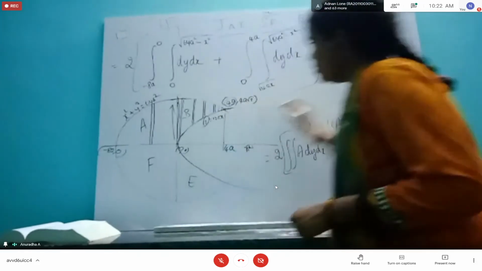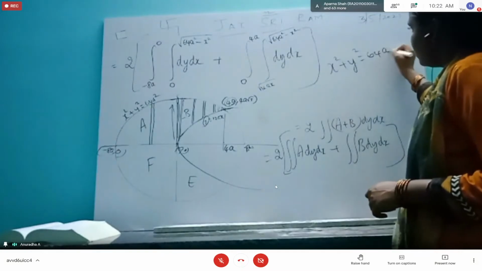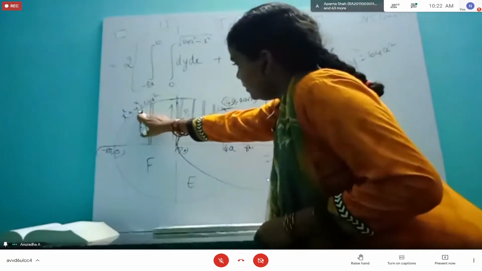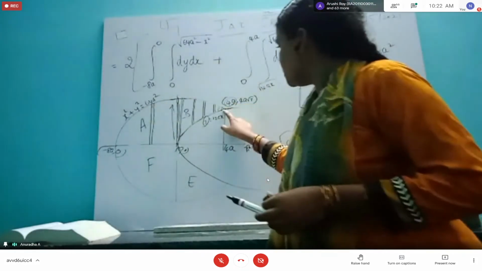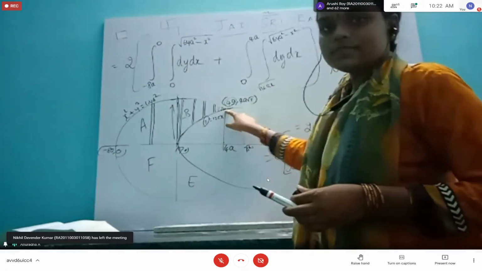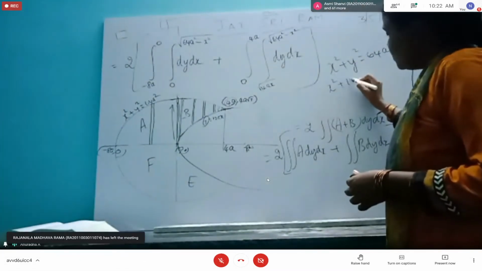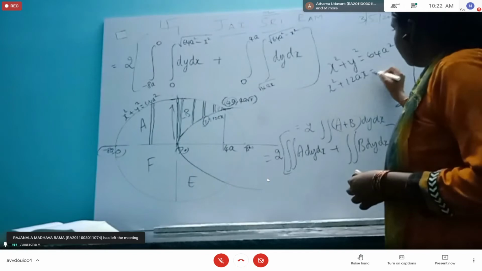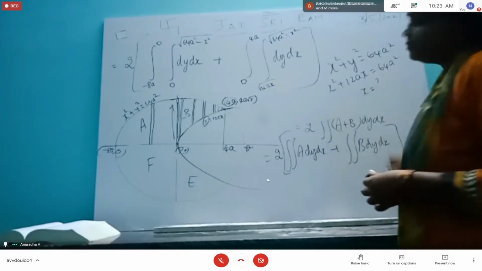See, I have a y square value here. X square plus y square equal to 64a square, that is the circle equation. In this, y square equal to 12ax, I know. Because these two are meeting at this point, this equation also will satisfy, that equation also will satisfy. So using that, instead of y square, I can write here 12ax. From here, find what is x.